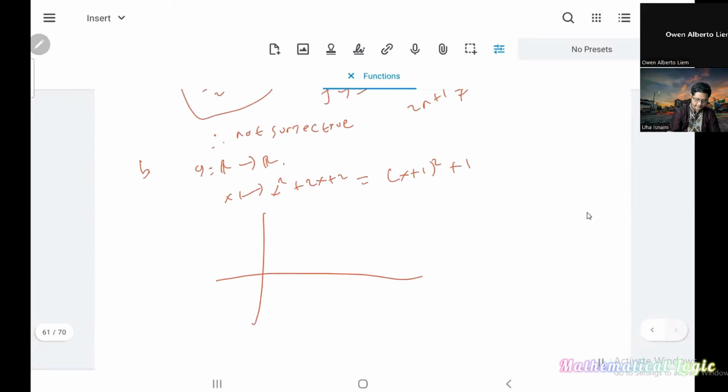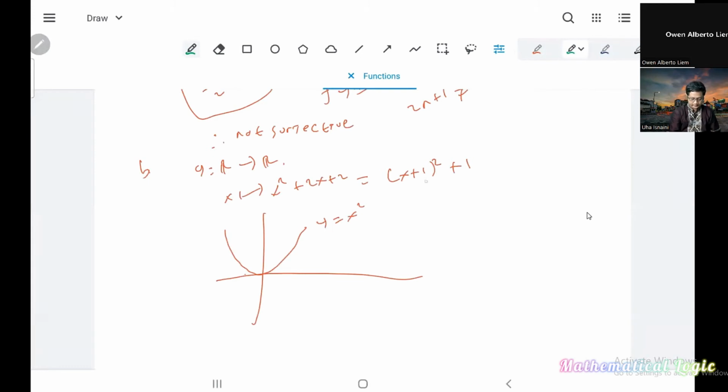So if you get it like this, (x plus 1) squared, when x is equal to minus 1, then you get here, right? So basically y is x squared. And then what we do, we move to the left by this coefficient 1, and then move up 1.